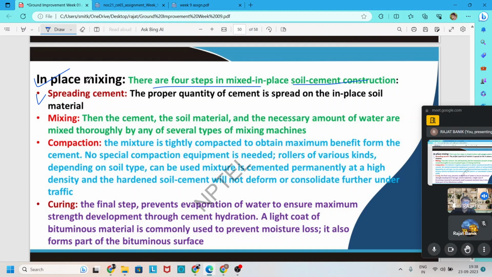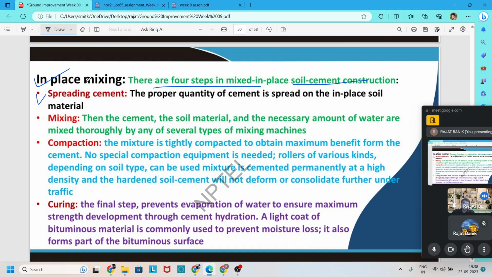The second step is mixing. The cement, soil material, and necessary amount of water are mixed thoroughly by any of several types of mixing machines. The third step is compaction. The mixture is tightly compacted to obtain the maximum benefit from the cement. No special compaction equipment is needed. Rollers of various kinds can be used, depending on the soil type. The mixture is cemented permanently at a high density.